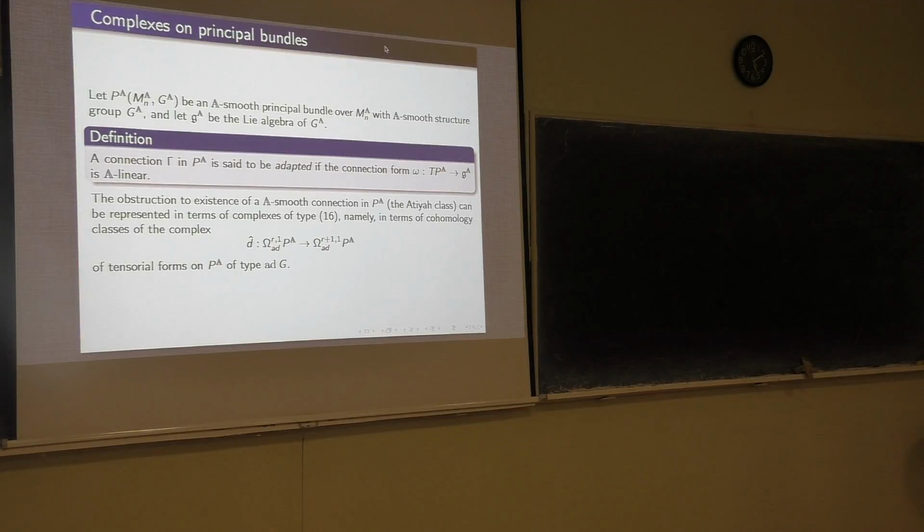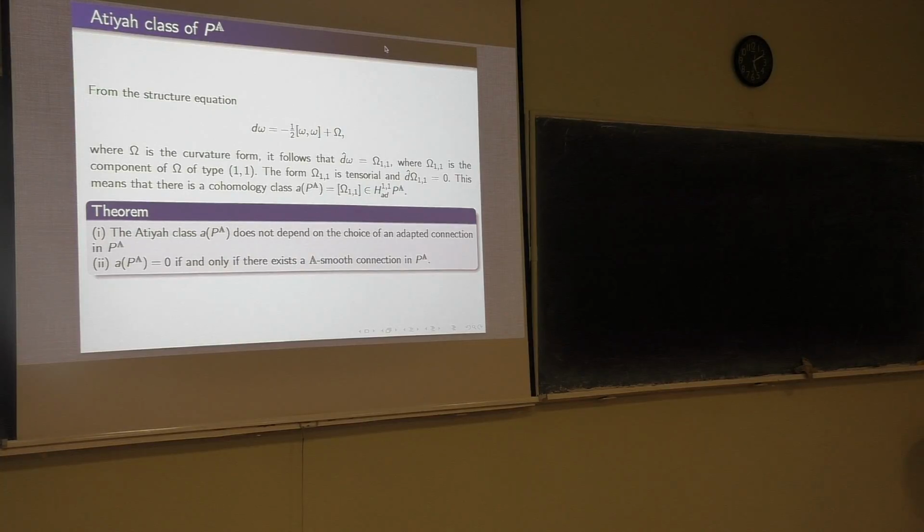And we say that a connection in the principal bundle PA is adapted if its connection form is A-linear. So the connection form takes values in the algebra of GA. And we can construct the obstruction to the existence of A-smooth connections in PA.